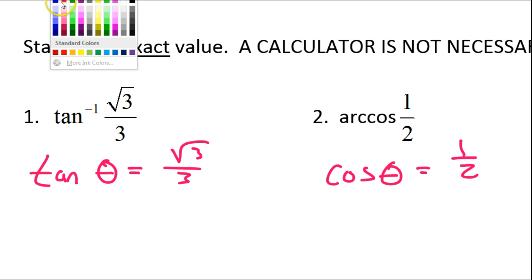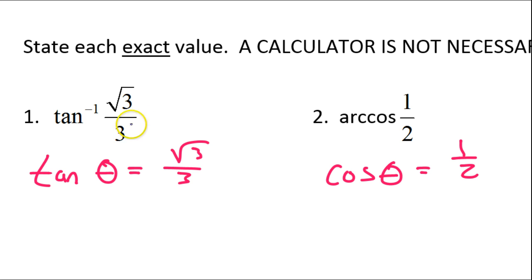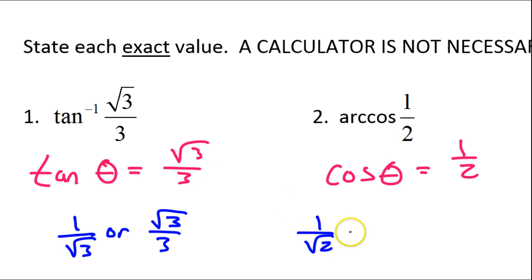So it's made slightly tricky by the fact that there are different forms of this, and I've been giving you the form that said 1 over radical 3. But 1 over radical 3 is the same as radical 3 over 3. In the same way, 1 over radical 2 is the same thing as radical 2 over 2.